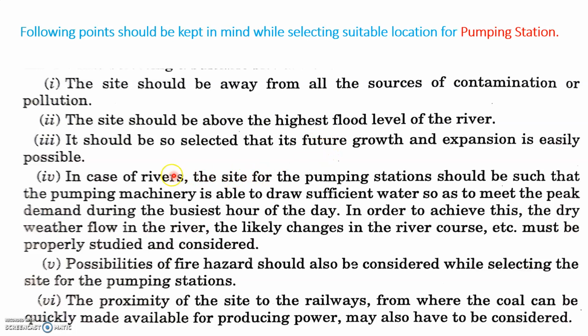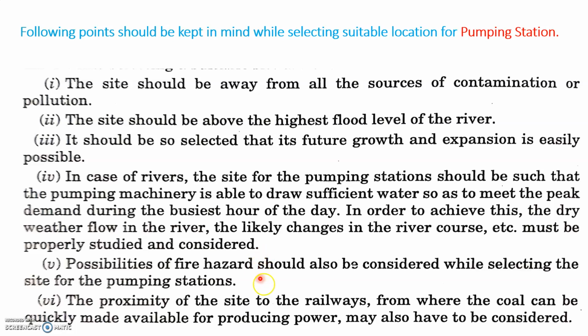If you are placing the pump in a river, it should be such that you can withdraw a sufficient quantity of water during the peak duration, and even in a dry season there should be availability of water in that river itself.